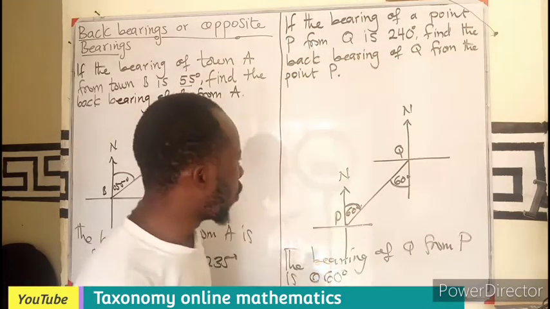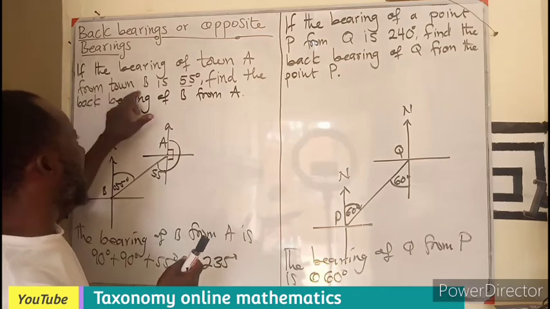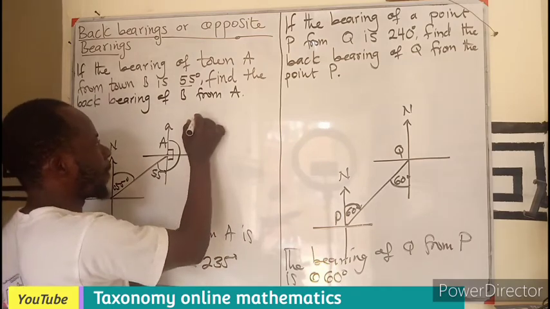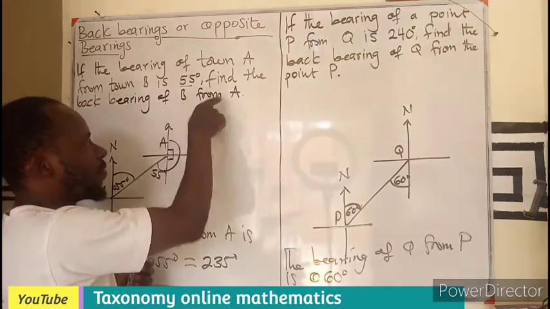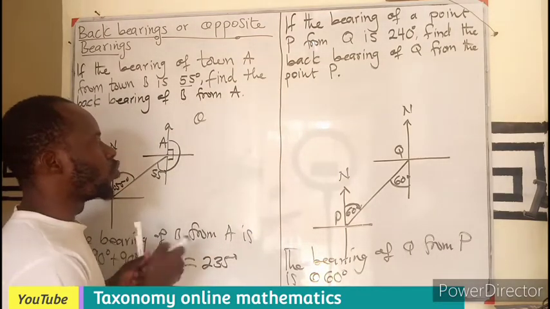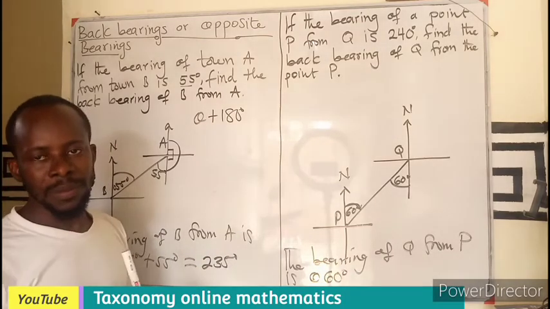So if a bearing of A from B is given to you as theta, and you are asked to find the bearing of B from A, what you need to do is add theta to 180 degrees.